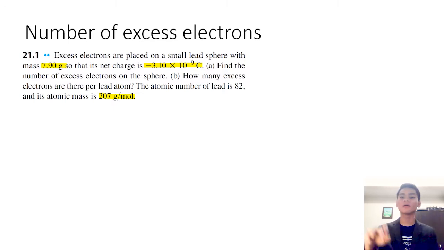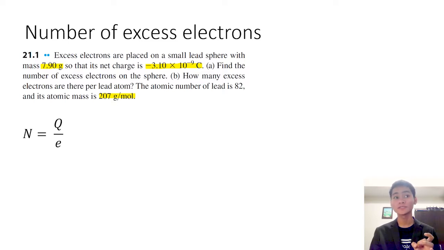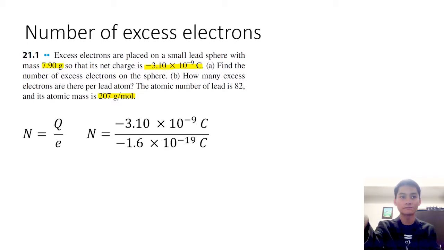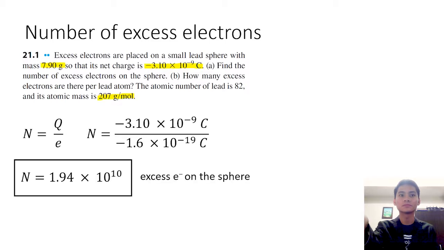To start off, to solve for the number of excess electrons on the sphere, we manipulate the equation algebraically to get the number of electrons. So we're talking about an integer here. We divide the total charge of the body by the magnitude of the charge of one electron, and then it gives out a value for the number of electrons.